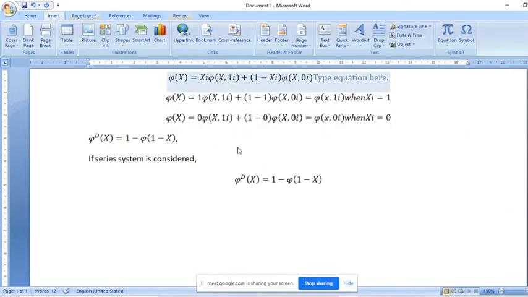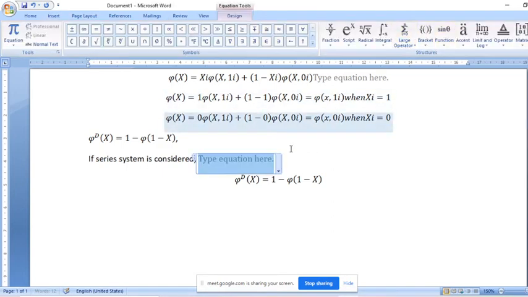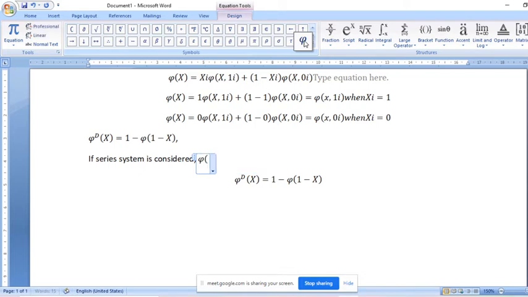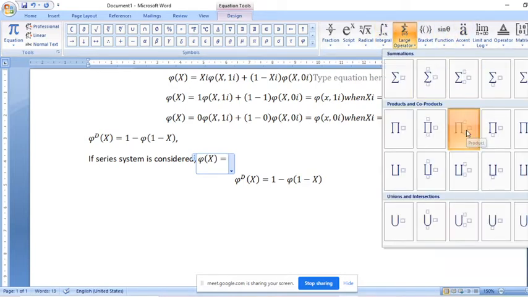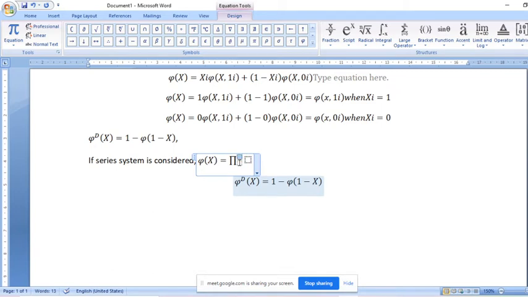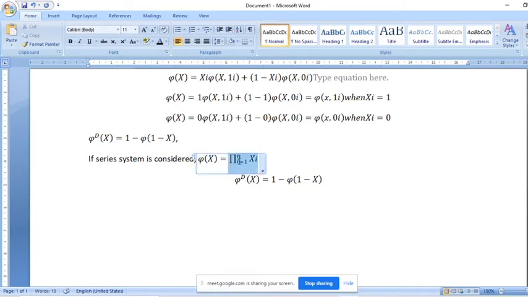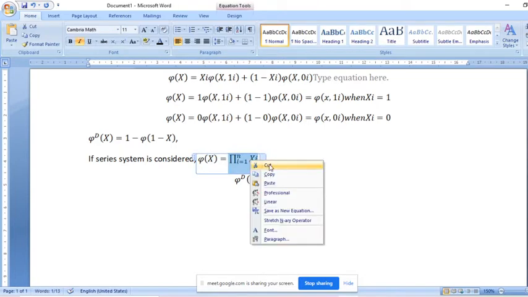The structure function will be phi of x equal to the product over i from 1 to n of xi. That is the structure function of a series system. So suppose we are considering a series system, then phi of x will be like this.